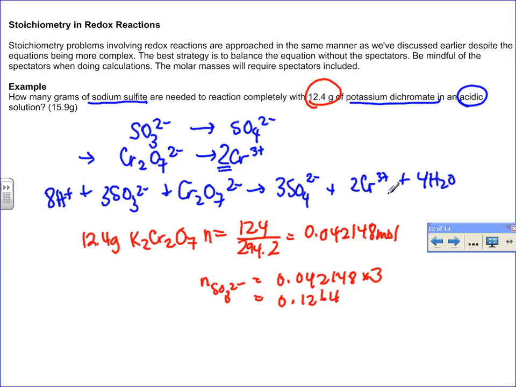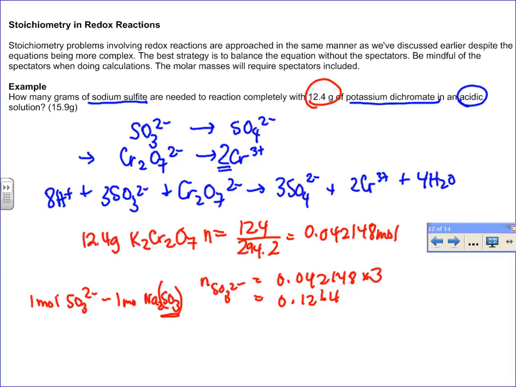And for every 1 mole of SO3 2-, we get 1 mole of sodium sulfite because the ratio is 1-to-1 in terms of the spectator or the sulfite ion.